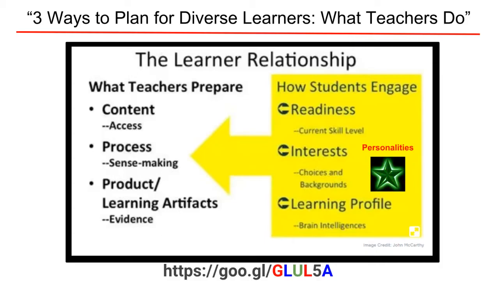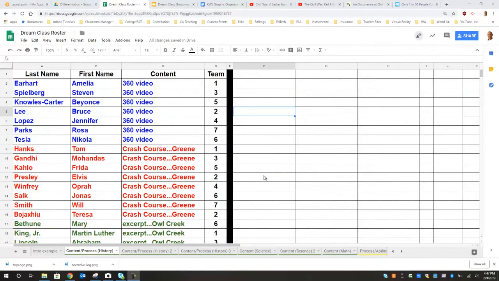All right. Let's look at content differentiation through the eyes of a history teacher. We're also going to throw in a little process differentiation. So let's say the teacher wants them to get started with their Civil War unit by looking at some different pieces of content about the Civil War.